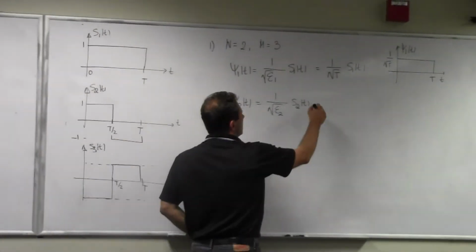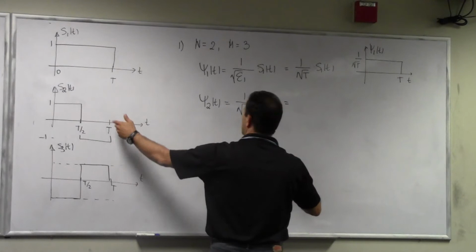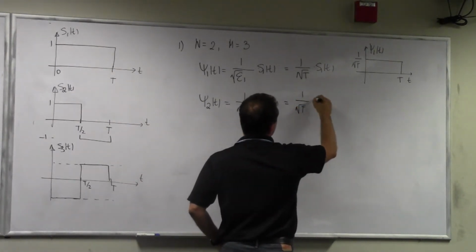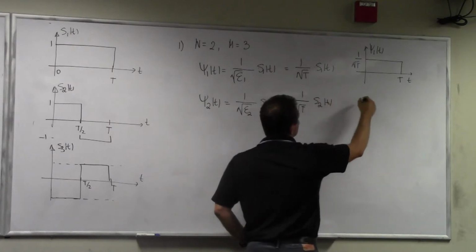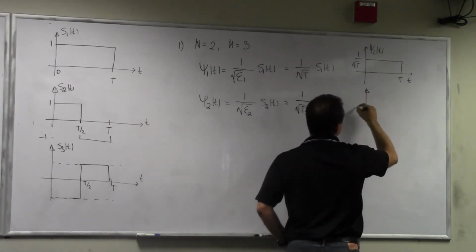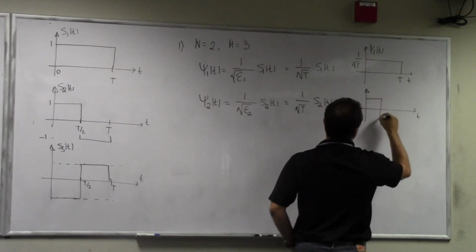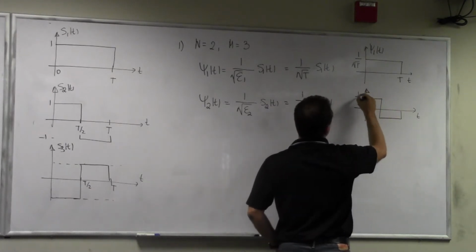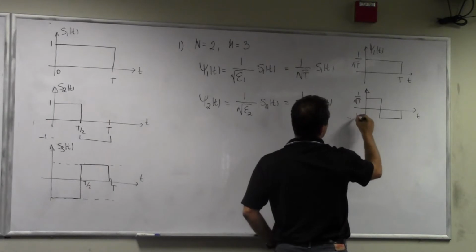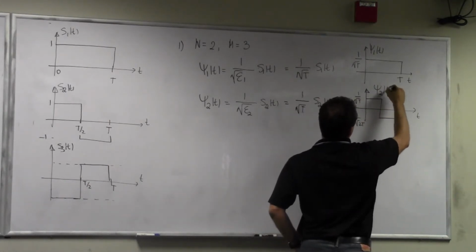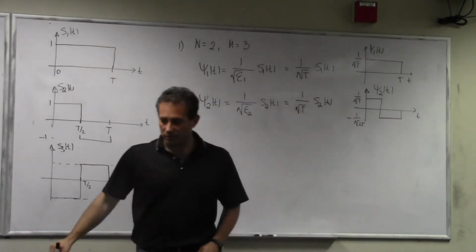Again, if I square this and integrate, this is T, so this is 1 over square root of T times S2 of t. So psi 2 of t looks like this, where this is 1 over square root of T and minus 1 over square root of T. So those are my two basis vectors.